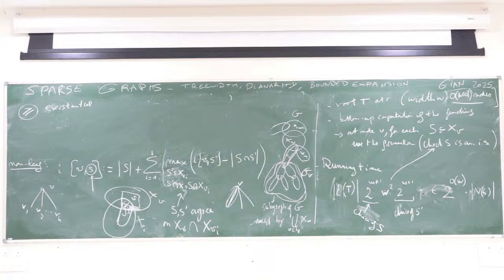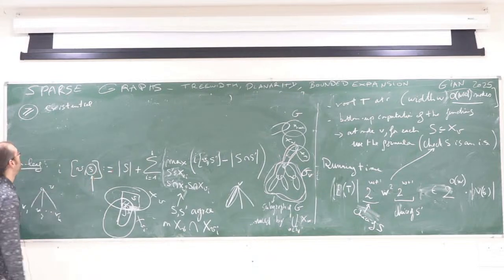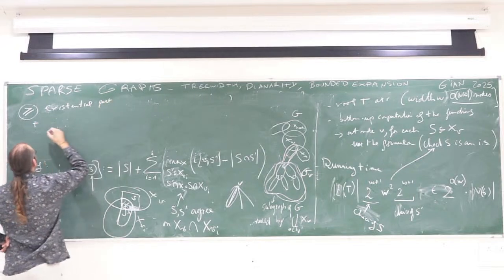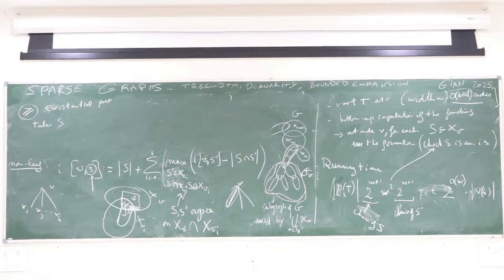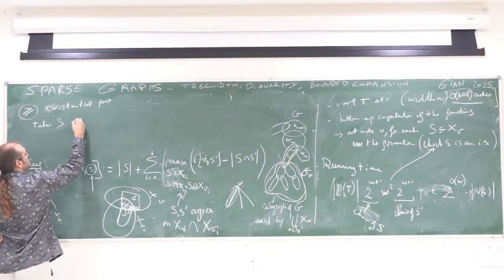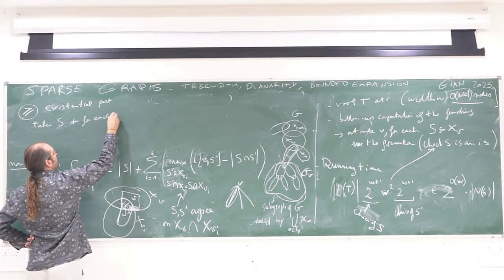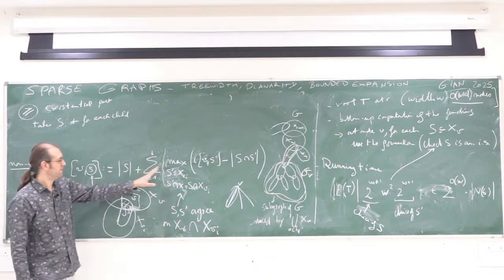Okay. So I'll take my S, and I'll construct some S V. I take S, and for each child, I look exactly at this formula.